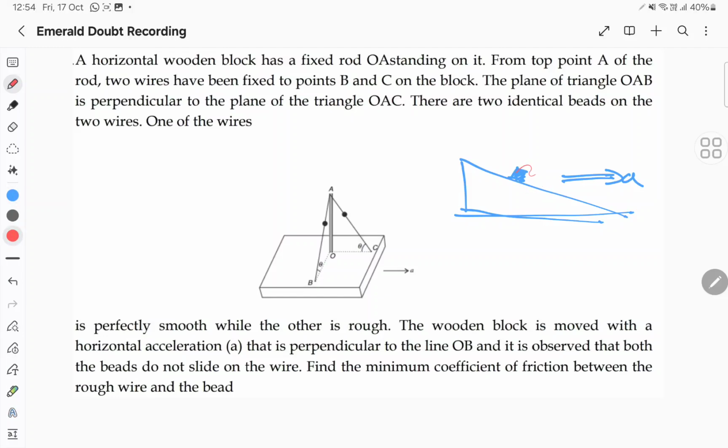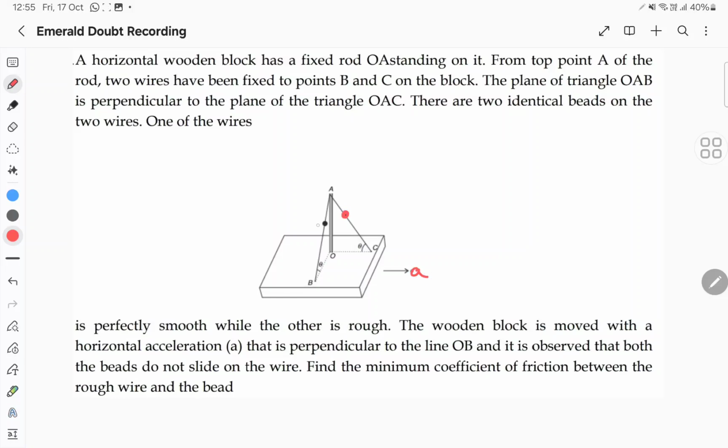You might have done it with the pseudo force of ma backwards, a component of which is able to hold the down force of mg sin theta, or you can do it without pseudo force, which is my preferred way of doing it. Any which way, one of the beads is not sliding, and that is definitely this bead, not sliding due to this acceleration.